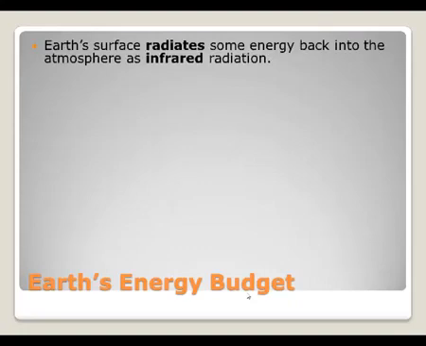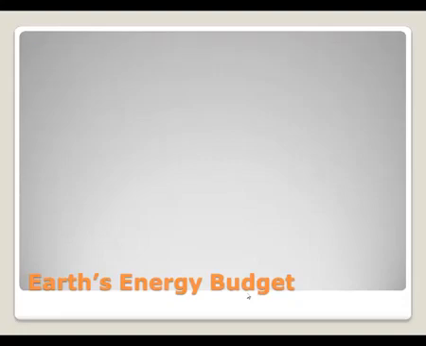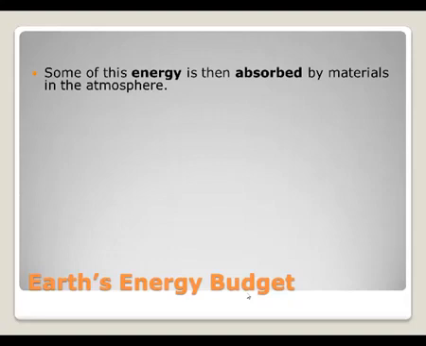So our surface radiates some energy back into the atmosphere, and as it radiates it, it's in the form of infrared radiation, heat energy. Some of the energy is absorbed by materials in the atmosphere, so dust and other debris, maybe even water vapor.